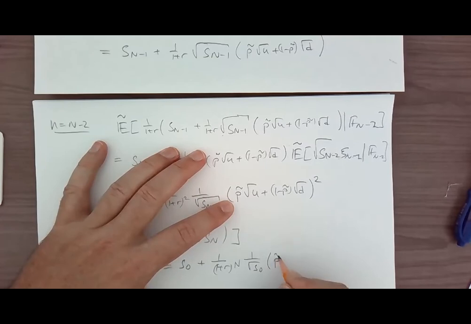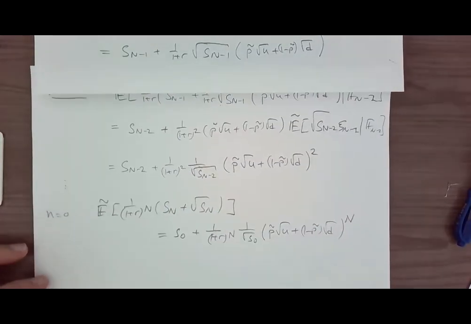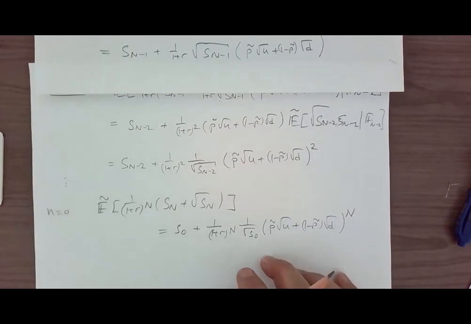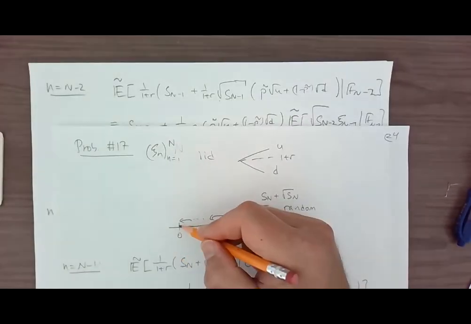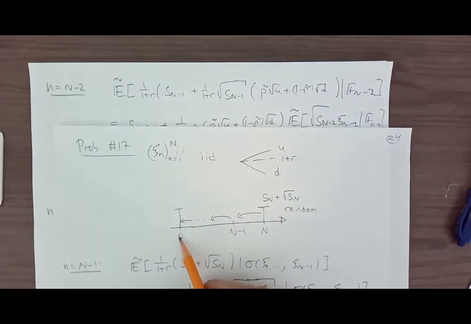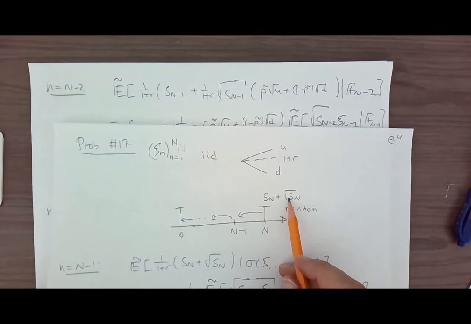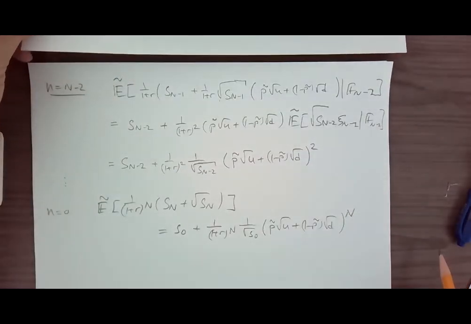And then you'll have this p tilde root u plus 1 minus p tilde root d to the power n. And so this here is the price that you're paying at time 0 for getting the payoff of Sn plus root Sn at time capital N.